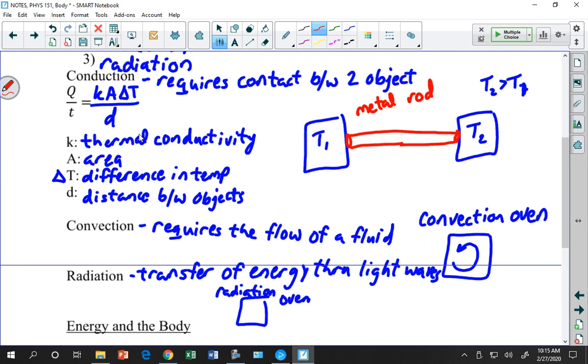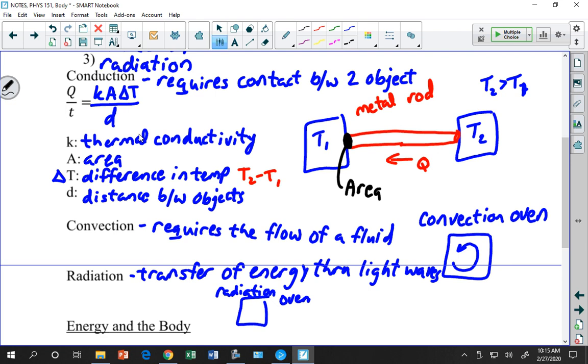From left to right or right to left? Right, it's going to be going from the hot thing, which is T2, to the cold thing, which is T1. So I'll have a flow of energy, Q, in that direction. Delta T is going to be T2 minus T1. It's just the difference in those two temperatures. The area is the cross-sectional area of the rod.